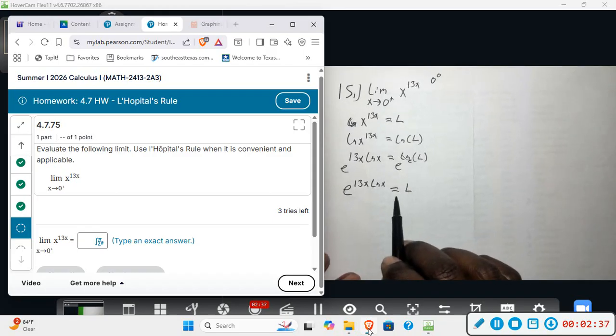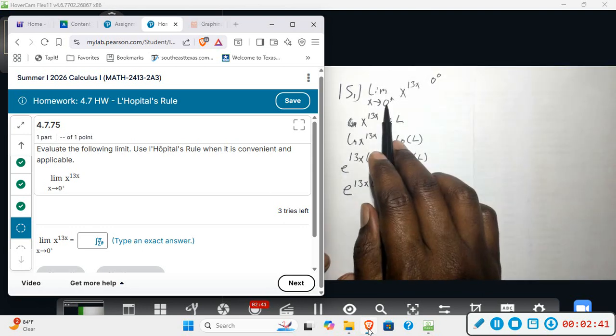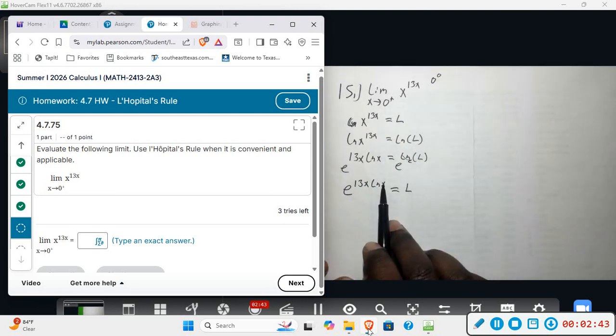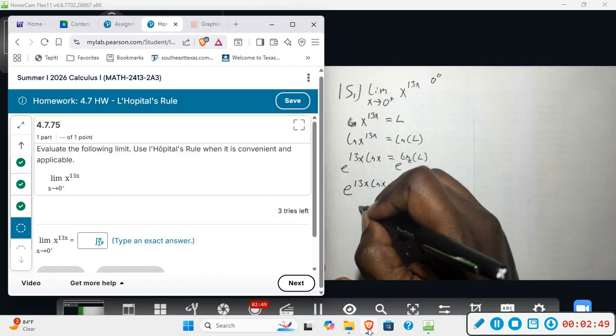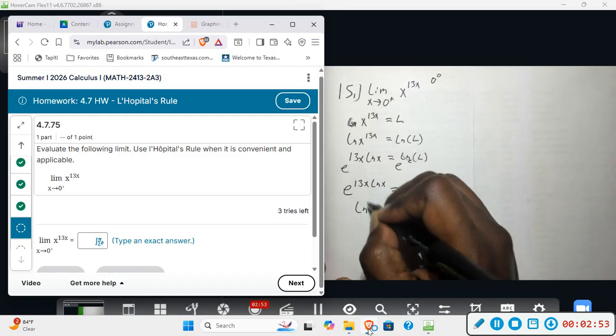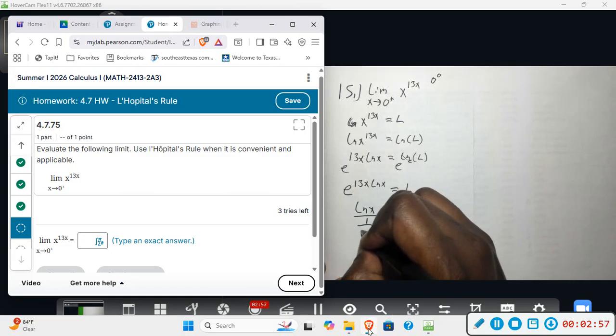So focusing exclusively on this part, if we were to plug in 0 here, we'll get 0 times negative infinity. So we're going to write this in indeterminate form. I'm going to say ln of x, and then I'm going to write 1 over 13x.